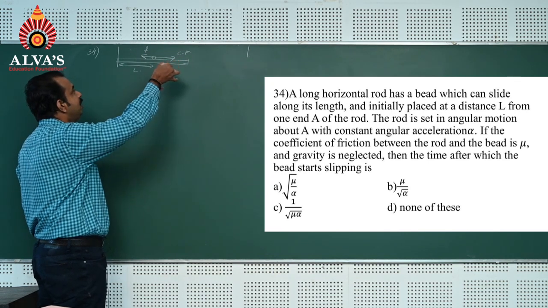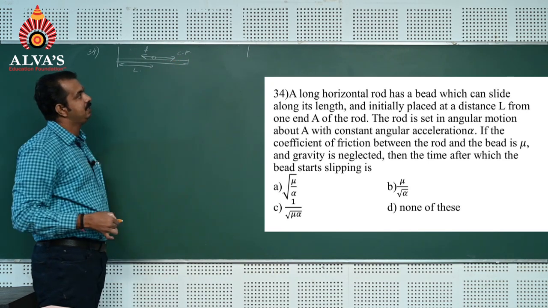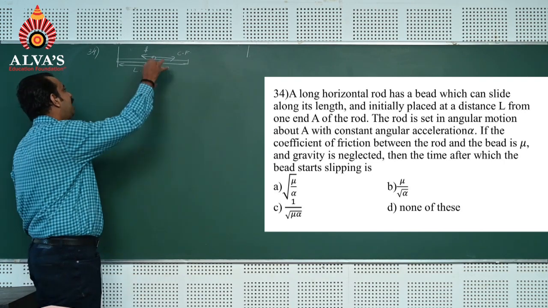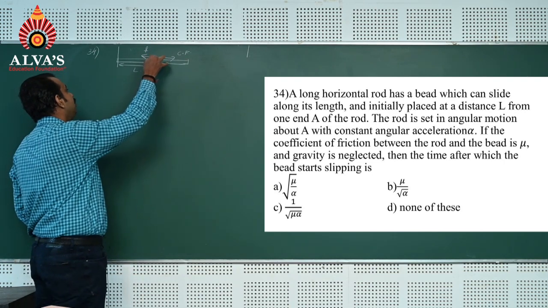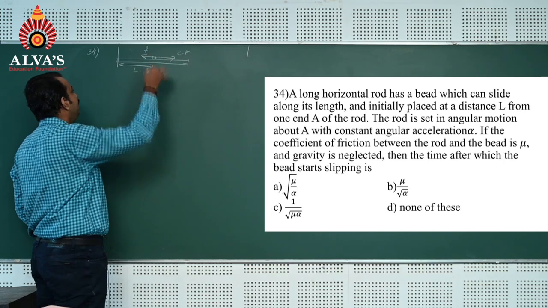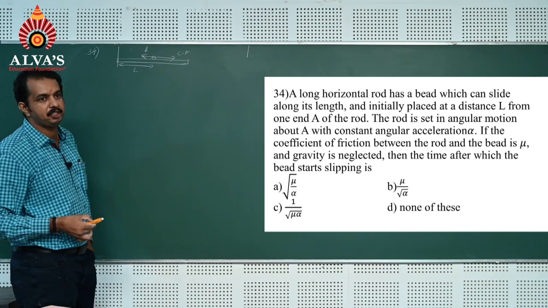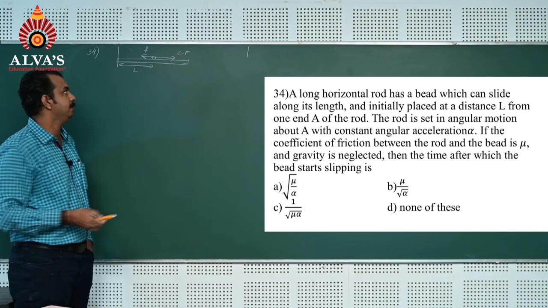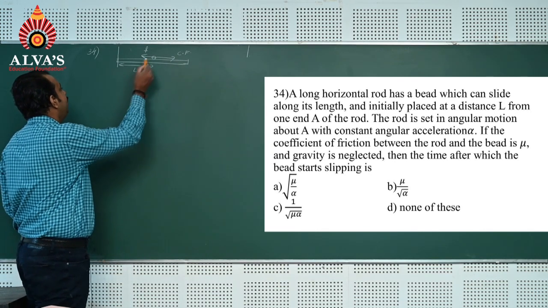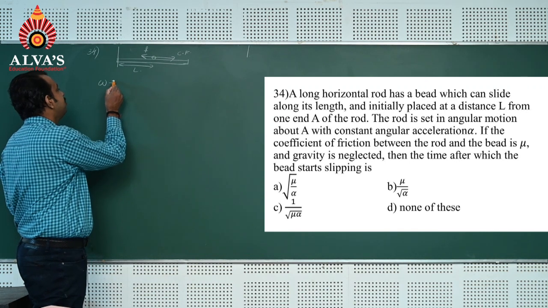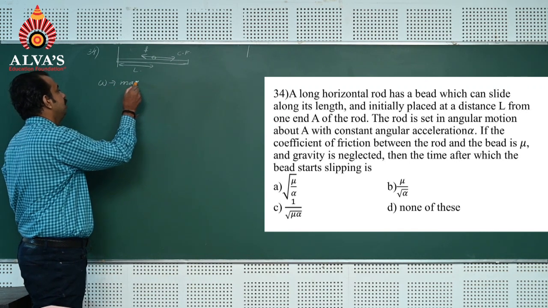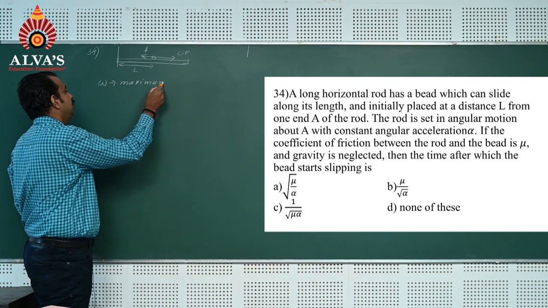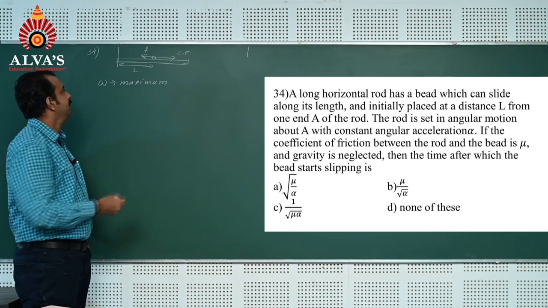Above that value of omega, frictional force cannot balance centrifugal force. That means there is a maximum angular velocity which you can apply. So I would like to use this condition to find the time after which the bead starts slipping. That is when omega is maximum, so that the bead is at rest.